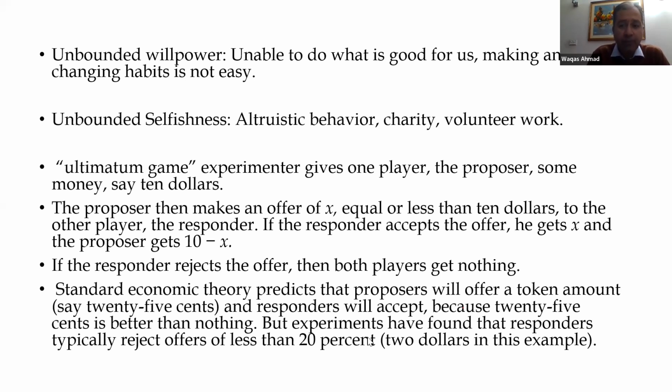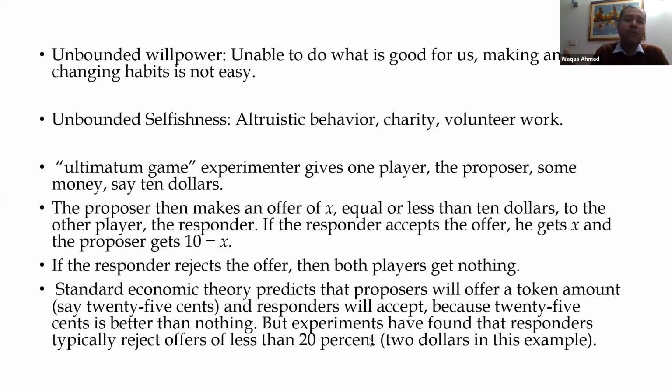If the respondent accepts the offer, he will get X, and the proposer gets 10 minus X. So the idea of the experiment is that you are given $10, but you have to share part of that with someone else. And rationally speaking, you can offer someone else like 1 rupee or half a rupee, because if he or she accepts that offer, you'll get 10 minus X.